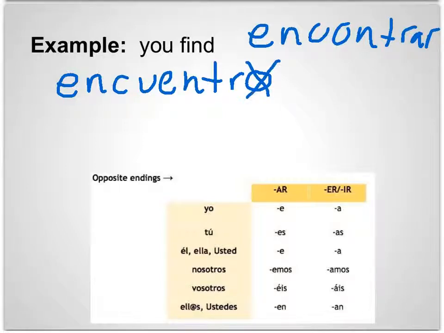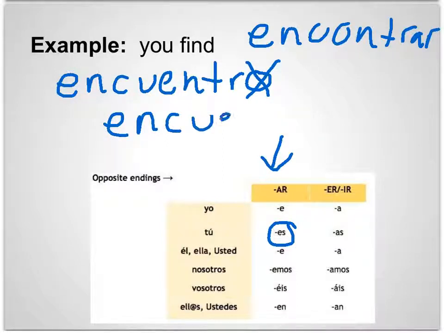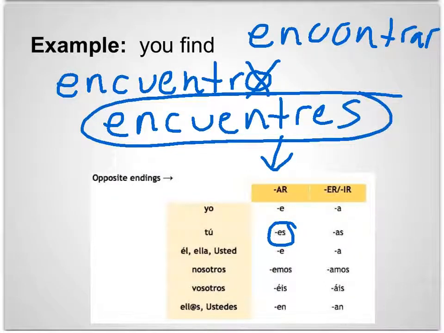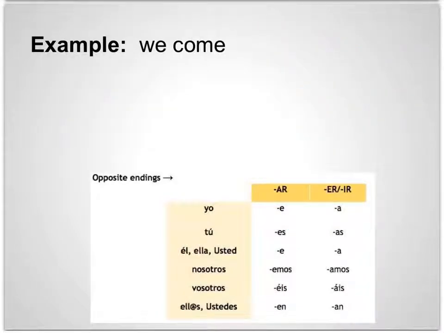We take off the O and add the opposite ending. Again, it's an AR verb, so the tú form ending is going to be ES. So we have encuentres. Tú encuentres.